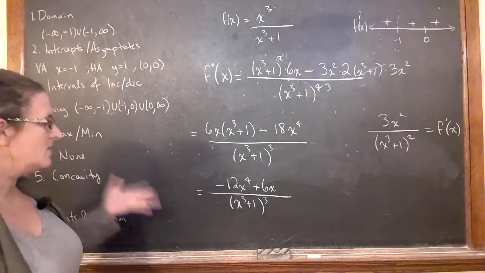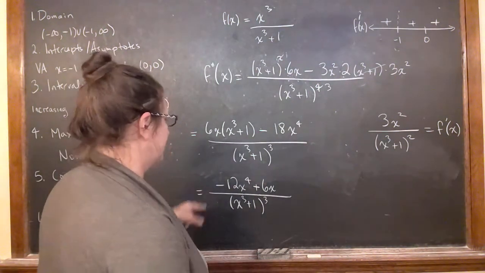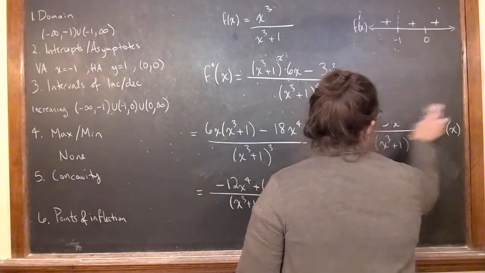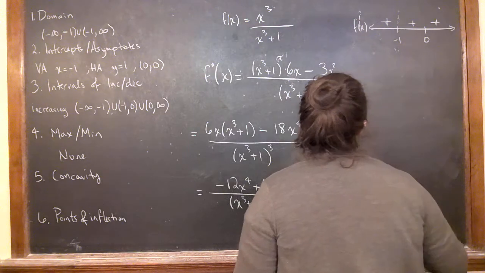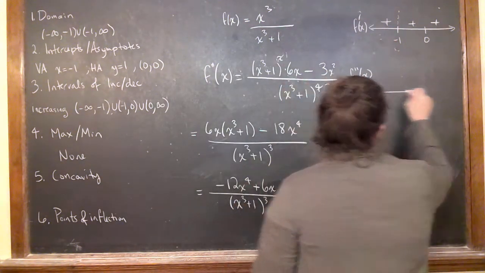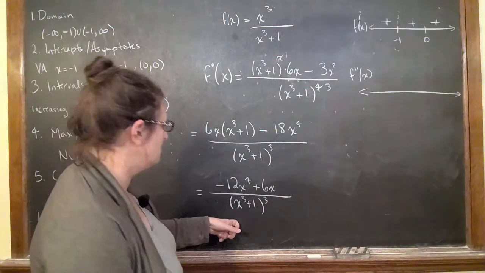Okay, now I have to find the points for this because I have to do the sign chart for this to figure out the concavity. Well, of course, we know that negative 1 is going to be one of them.